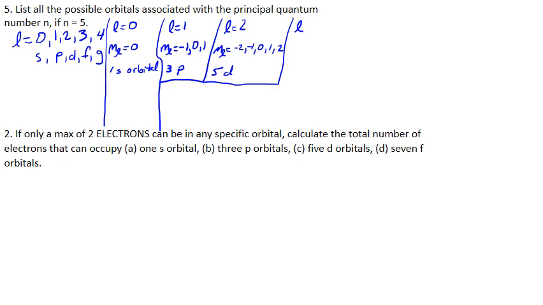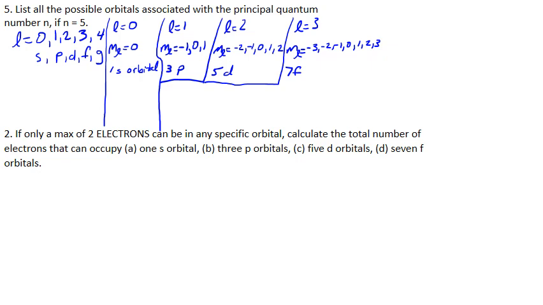If L is equal to 3, that corresponds to f orbitals. My m sub L values will range from minus 3 all the way to positive 3.